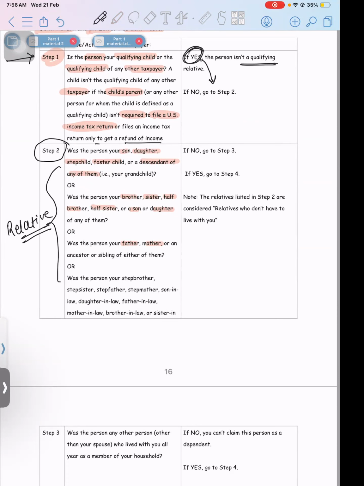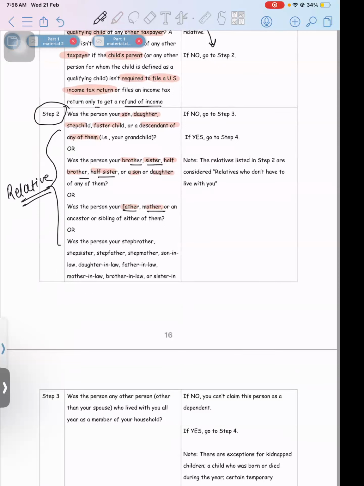The definition of relative is given over here, but I have given it in a little more detailed manner, so that if anything comes like this in a question, you should remember this: son, daughter, stepchild, foster child, descendant, then brother, sister, half brother, half sister, father, mother, all this will come into your relatives definition.